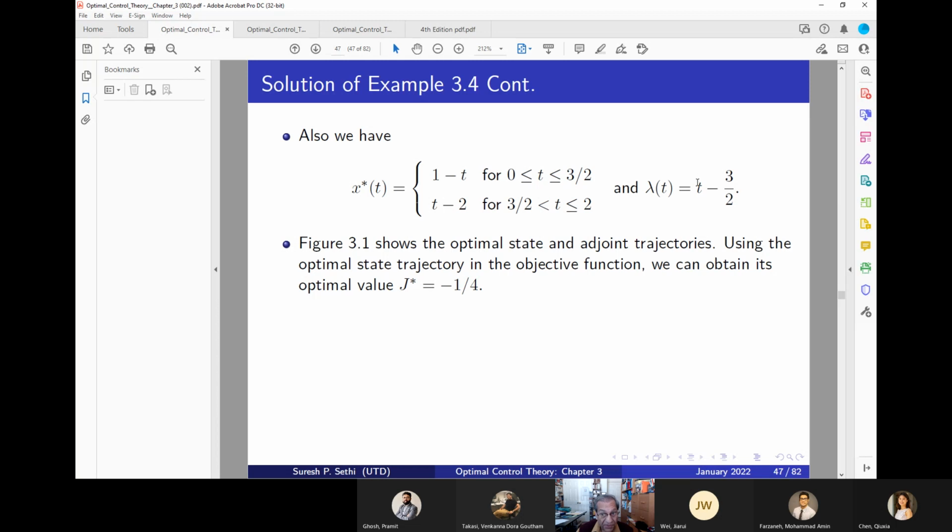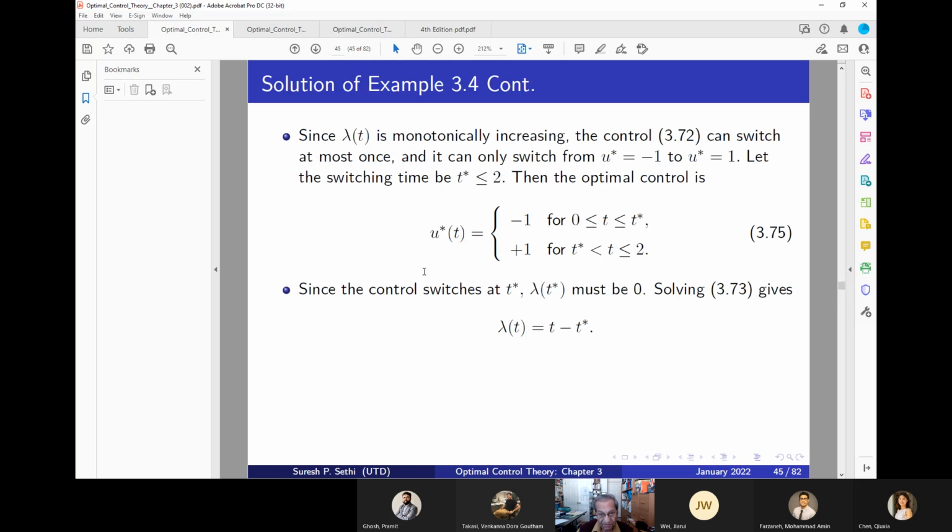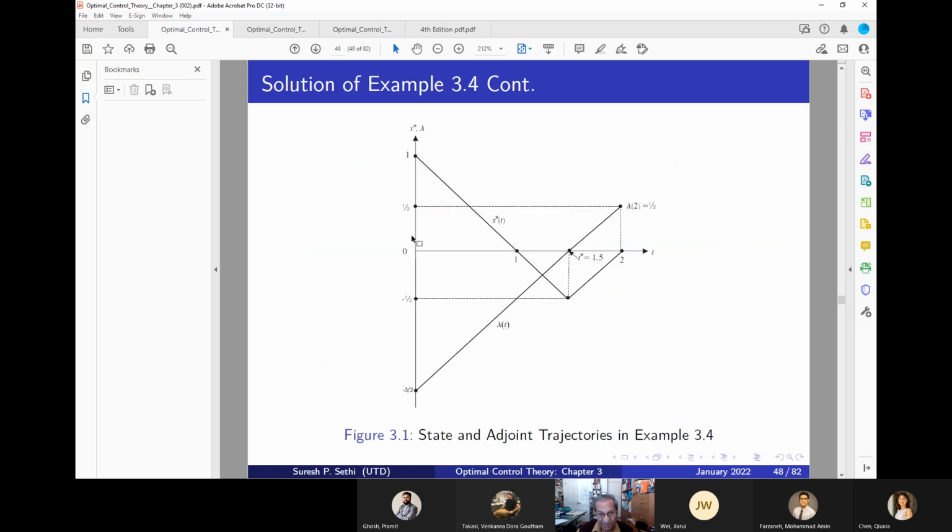What I'm trying to say is that if I give you 1 plus epsilon, I think we did already that in the previous setting.